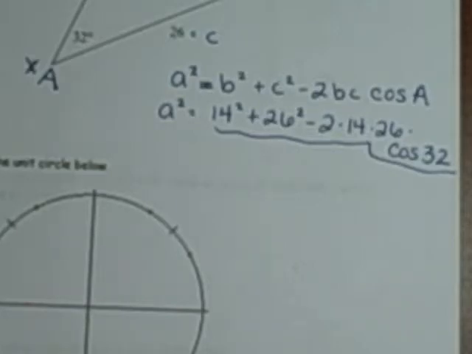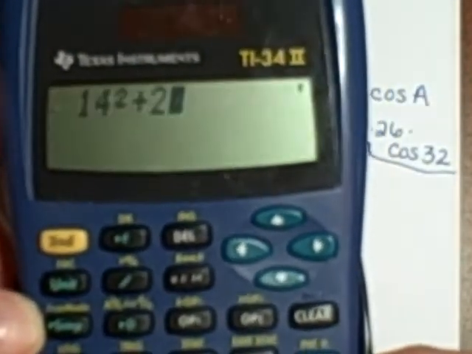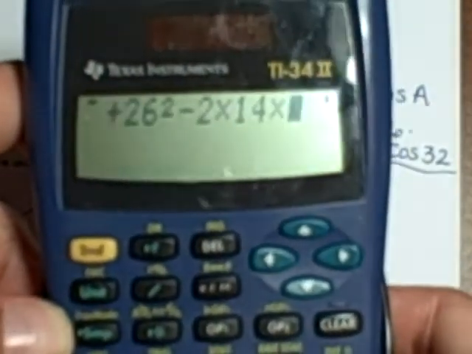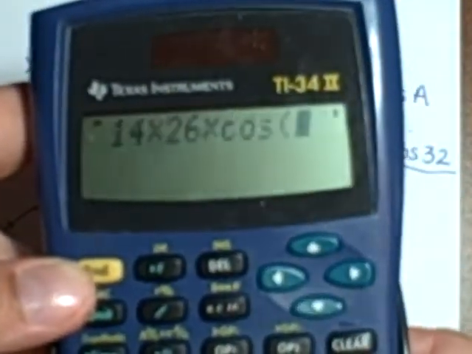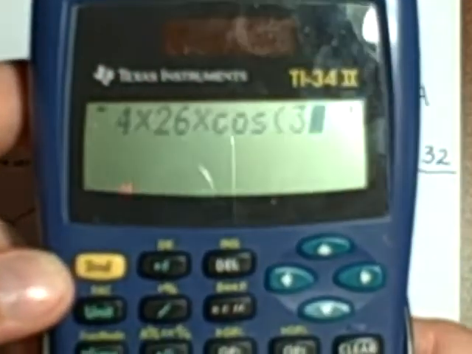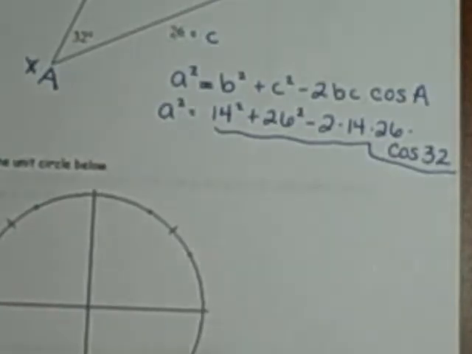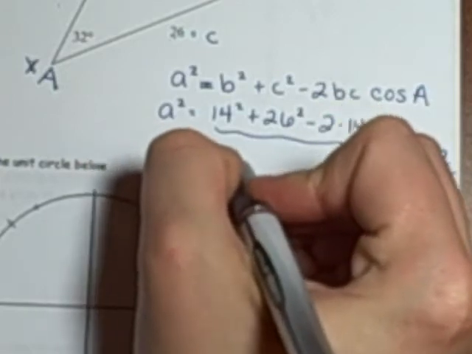So I would type, let's see if you can follow this okay, 14 squared plus 26 squared minus 2 times 14 times 26 times cosine of 32. And I end up with 254.6. Remember, that's still equal to a squared.